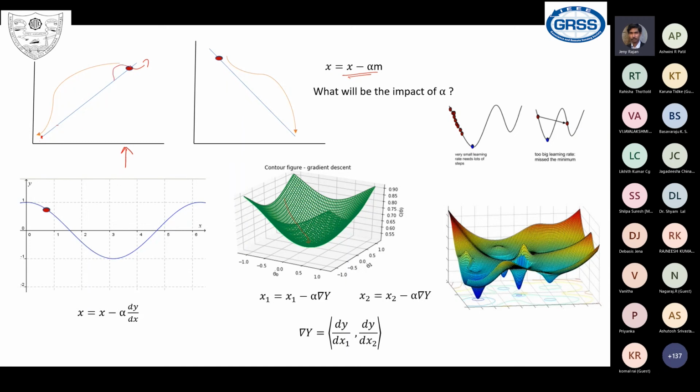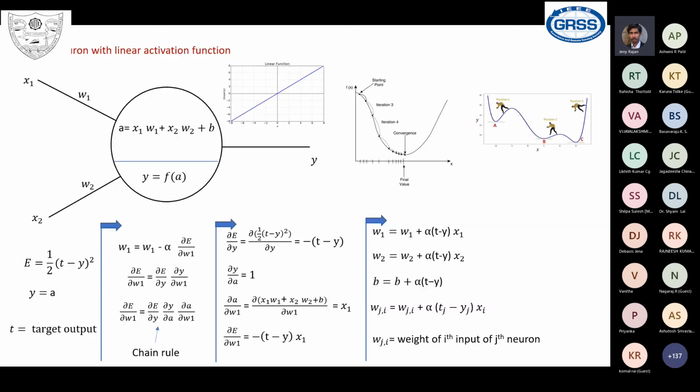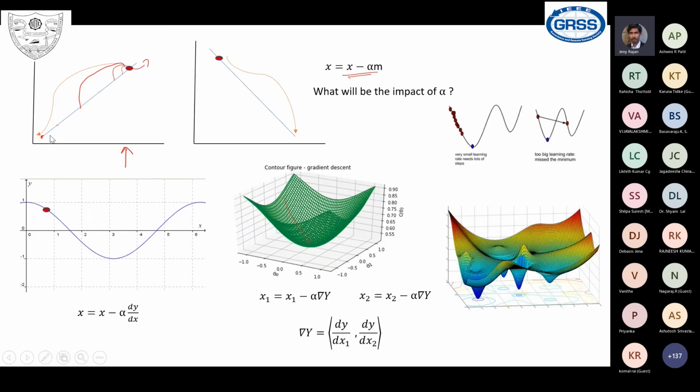When we move towards this position, we can take small steps or large steps, right? If you take small steps, it will take time to reach this point. If you take a large step, there is a chance that we may overshoot this point. You can call this the step size, and you can treat the step size as a hyperparameter.